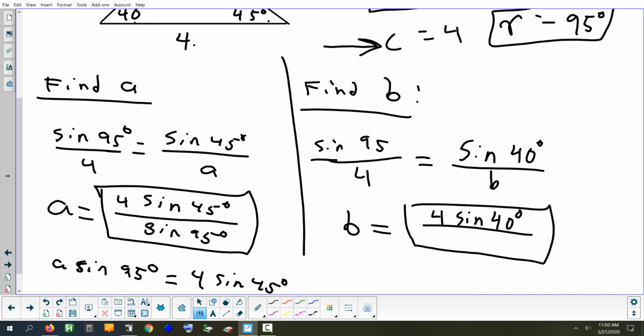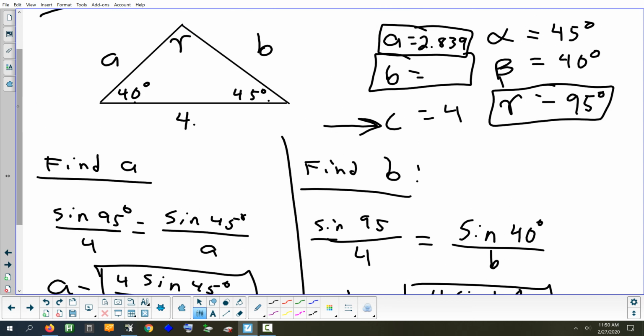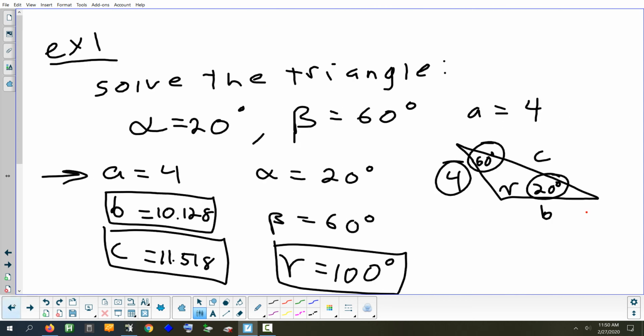Yep. 4 sine 40 over sine 95. Type that in, and then you'll have your answer for B, and you're done. So that's the second type. That's angle, side, angle. Both of those cases gave you two angles and two angles to start with.